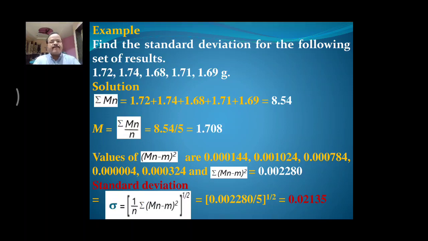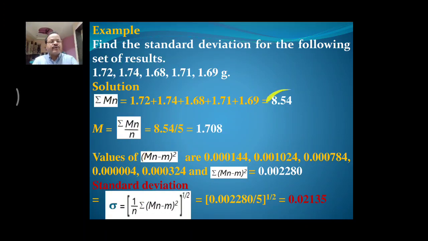Now the mean m is equal to the sum of all these results divided by the total number of results, that is n. 8.54 divided by the total number of results, which is 5. Therefore 8.54 divided by 5 comes to be 1.708, that is nothing but the mean. Now we have to find out the values of Mn minus m, square.